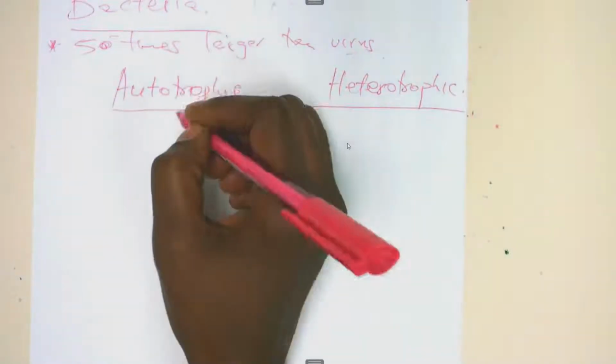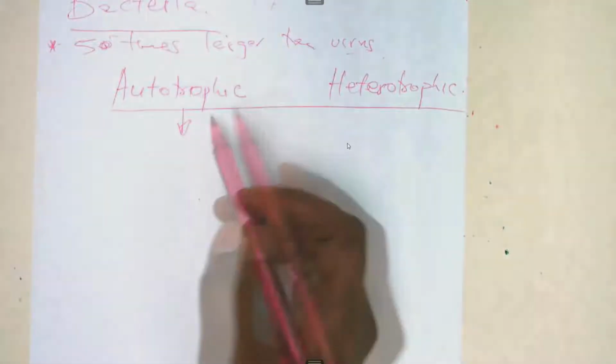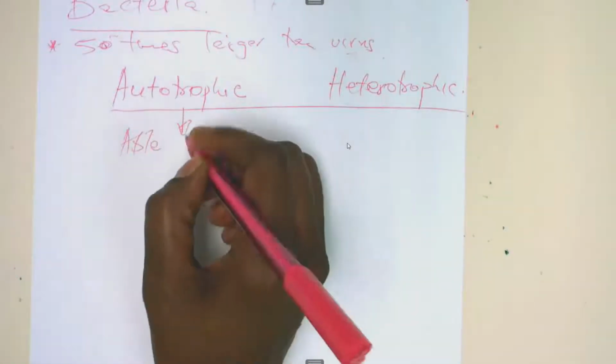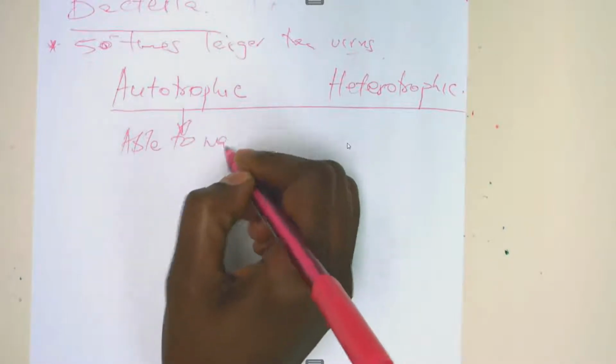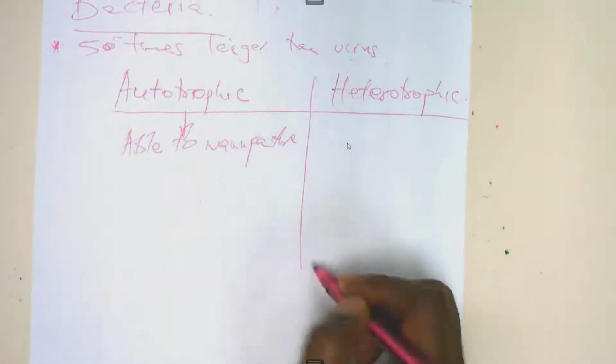All right. So remember that autotrophic organisms or autotrophs are all organisms that are able to manufacture their own food.